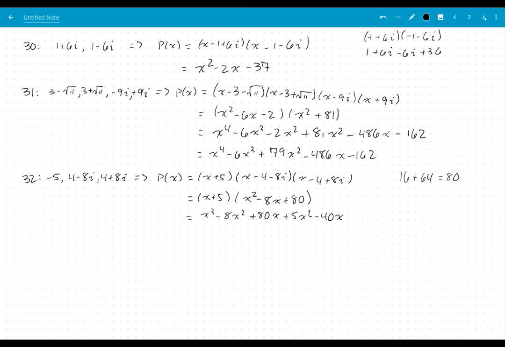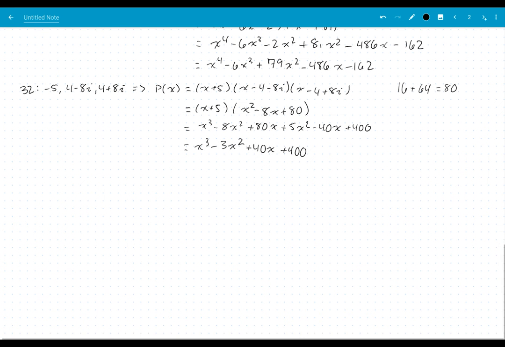And then 80 times 5 is 400, plus 400. And we can just simplify to x cubed minus 3x squared plus 40x plus 400. And there's our polynomial. We can multiply it by a constant, but this is the base polynomial that we need.